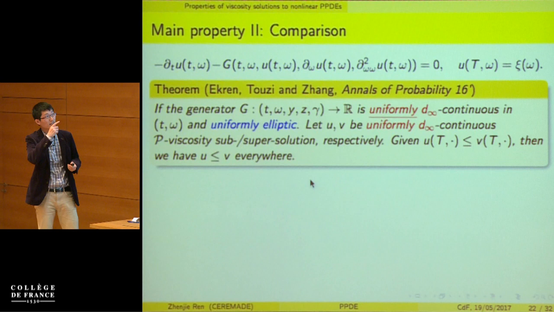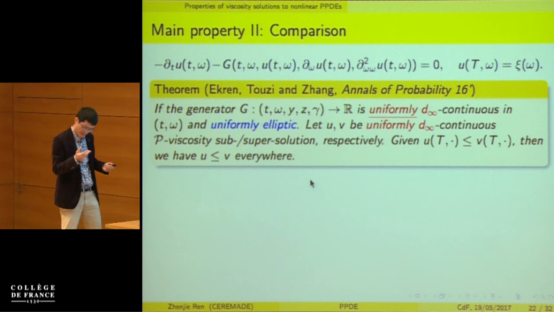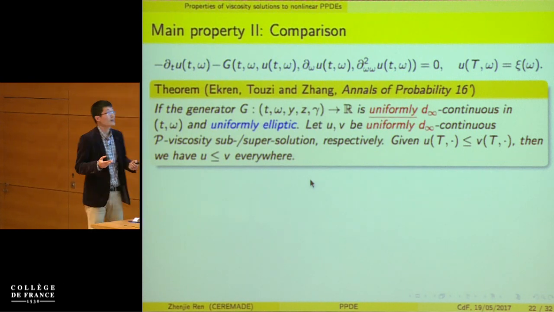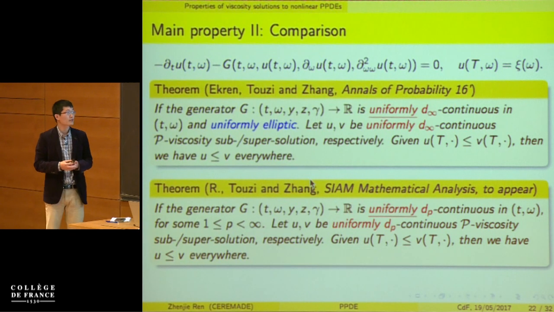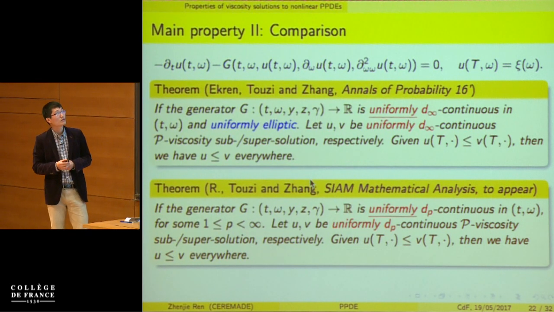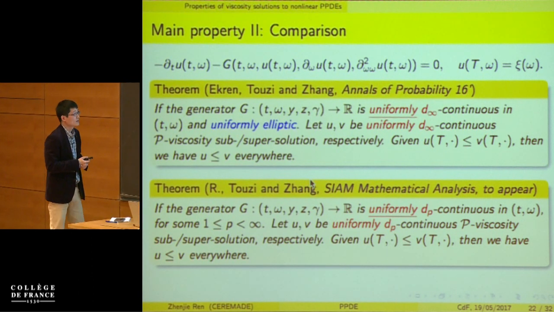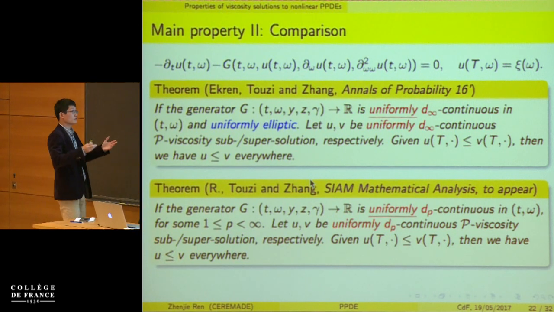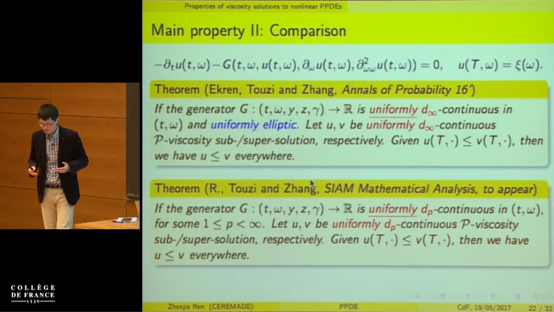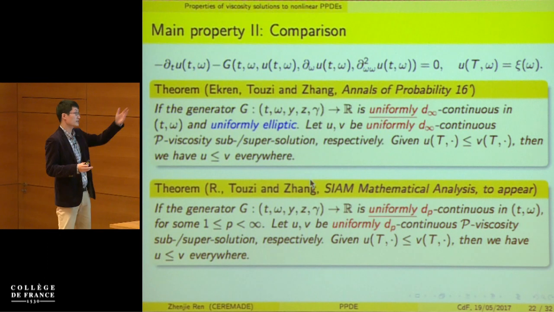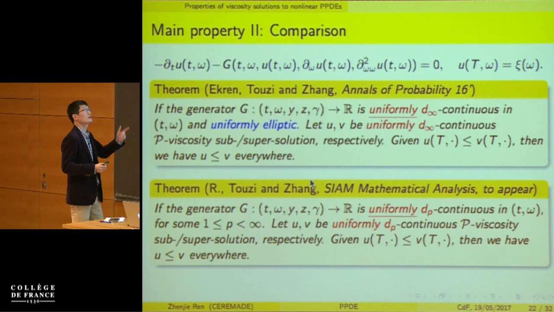That's why the uniform ellipticity is very important in their argument. And in a more recent paper, we have proved the comparison without the constraint of a uniform elliptic generator. I don't want to go deeper into the argument for this result, but I just want to compare these two.